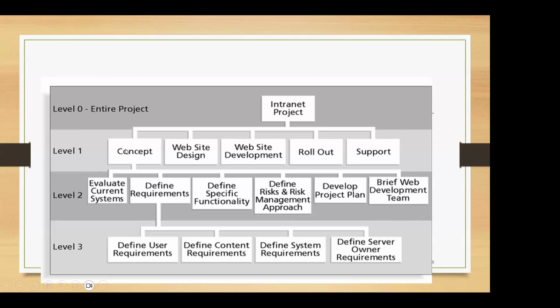Then for the conceptualization, when we come to the second level, there are several work elements that you have to do. You need to evaluate the current system, define the requirements, define specific functionality, define the risk and risk management, develop the project plan, and brief the web development team. And for each of these, you can go to the next level.